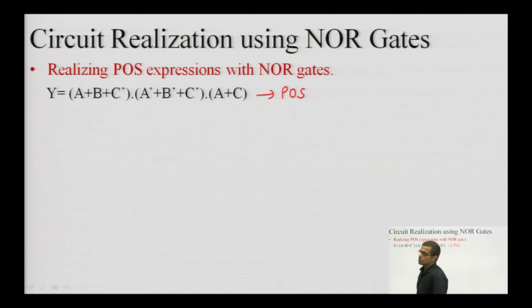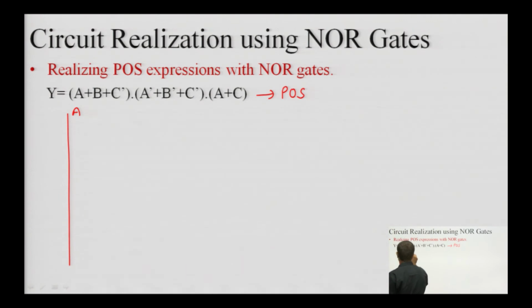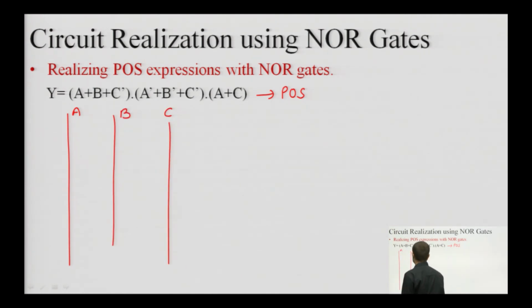There are 3 variables a, b and c there. So, these 3 variables, now I need to prepare, this is a, this is b and this is c, and NOT version or the complemented version of all 3 are required.